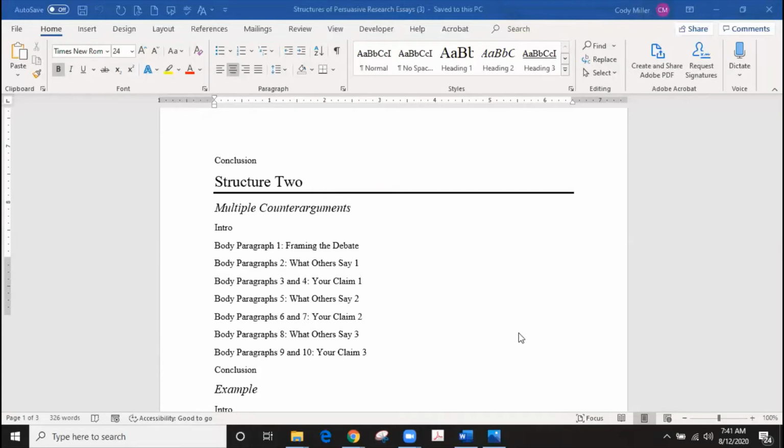Because in this one, obviously you start with an intro, but then you give that framing of the debate, that conversation, that foundation paragraph there that helps us understand both sides. And then you start moving into, here's a counterclaim to my argument. Well, here's my argument. Here's a counterclaim to my argument, and then here's my argument.